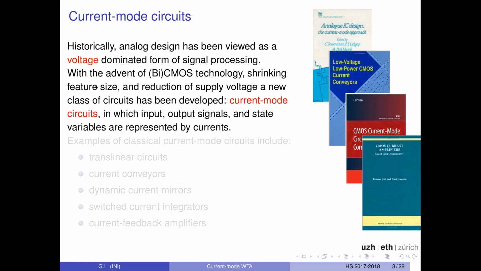For example, when I was designing my first chips in the mid-90s, the power supply was 5 volts. Then after some years, it went down to 3.3 volts. After some years, it went to 2.4, then 1.8, 1.1. And now we are at power supply voltages of even 0.7. Some state-of-the-art circuits are even a few hundred millivolts.